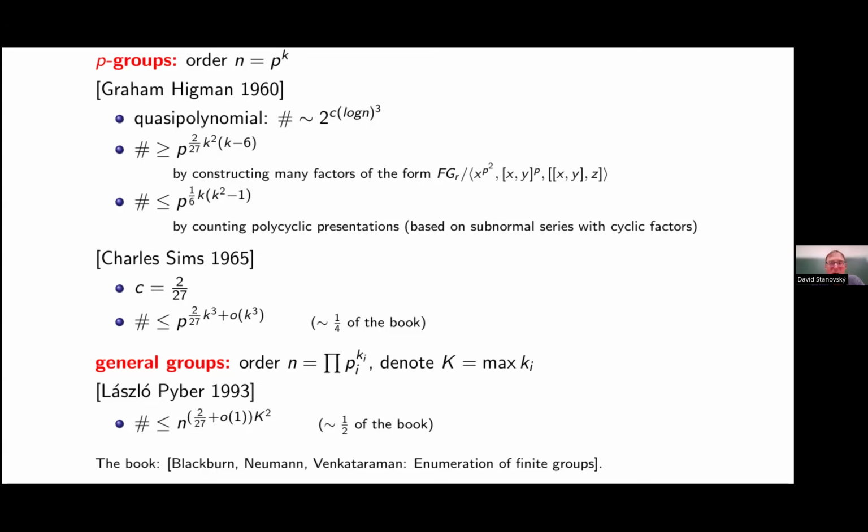It has a very nice introduction, and quite a few toy examples with simple proofs and worse bounds, but something you can learn from about how the enumeration could possibly be done. That's about the first quarter of the book, and the remaining part is the complicated work of Sims and Pyber explained. So these are some classical results.